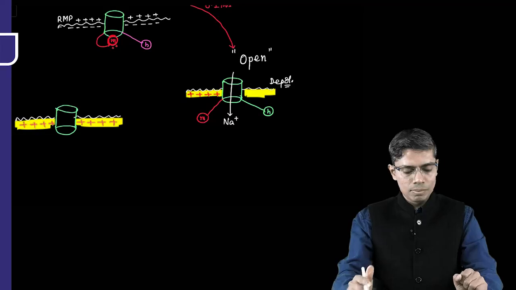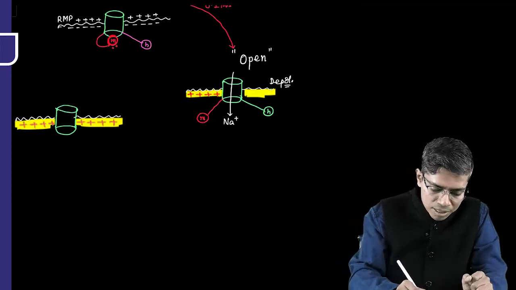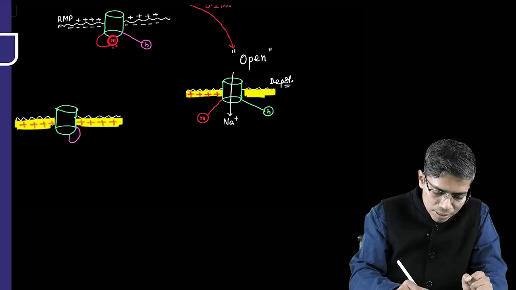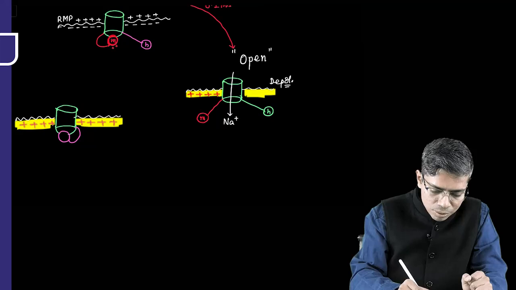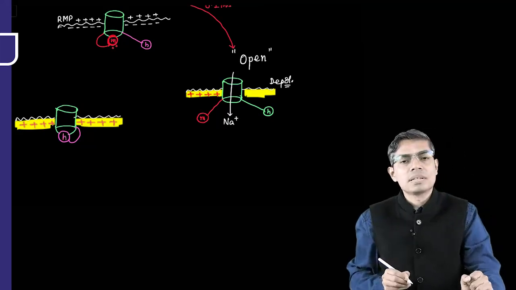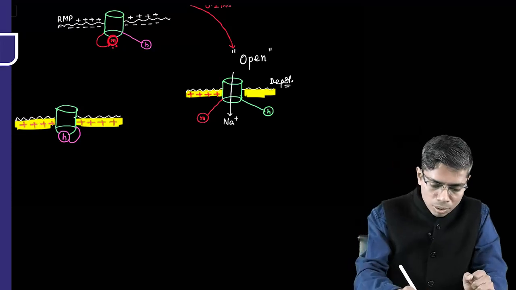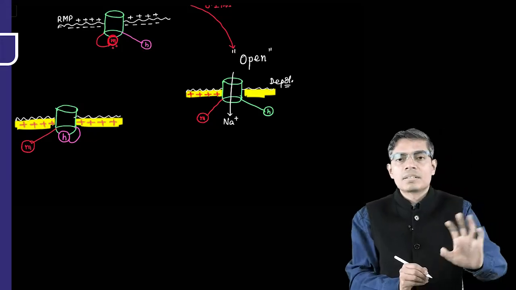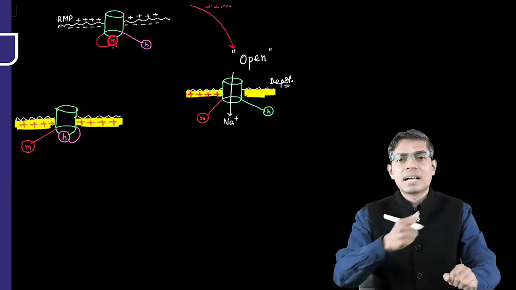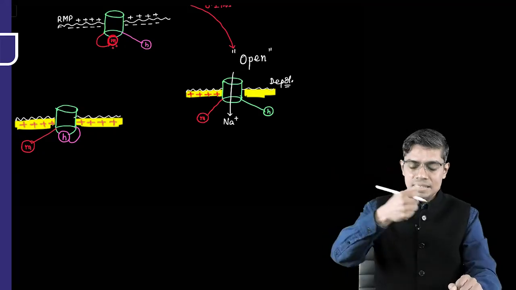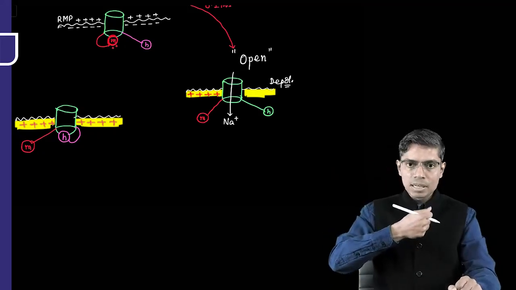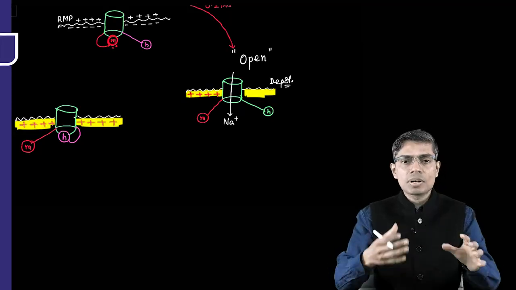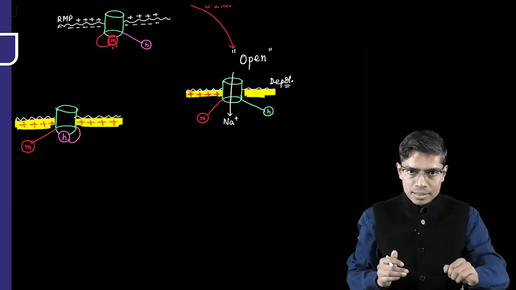The answer is no, no, no. What is going to happen? Now the H gate will come close to the mouth and block the inner mouth of the channel. Although the M gate is still away from the channel, it doesn't matter because now the H gate has taken its place and is blocking the inner mouth of this channel.